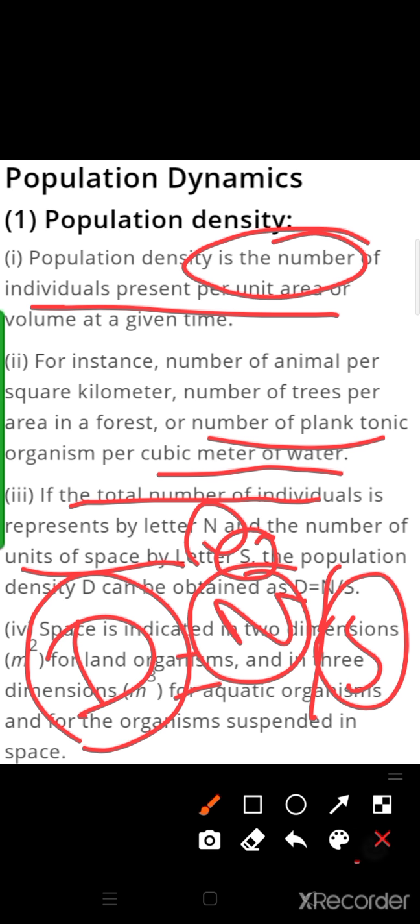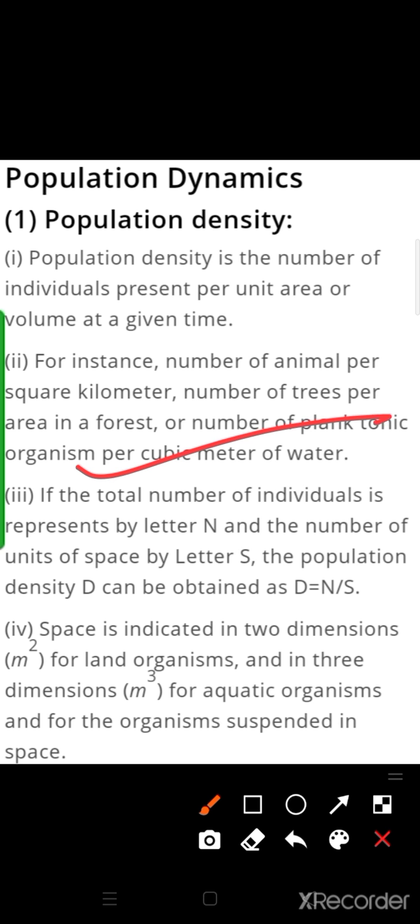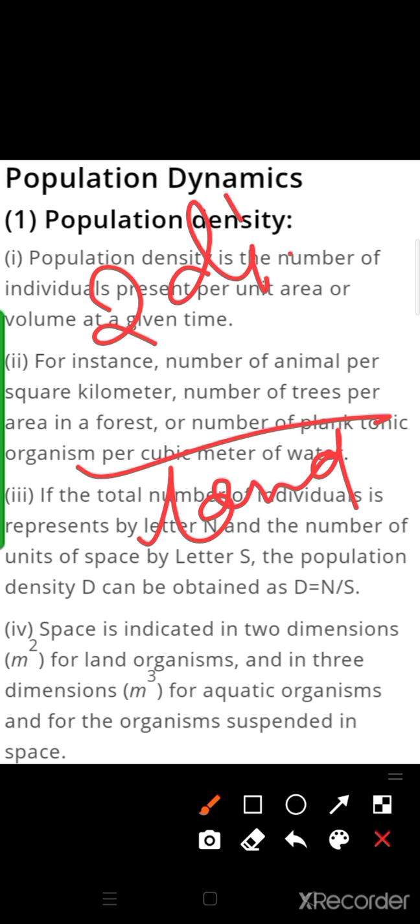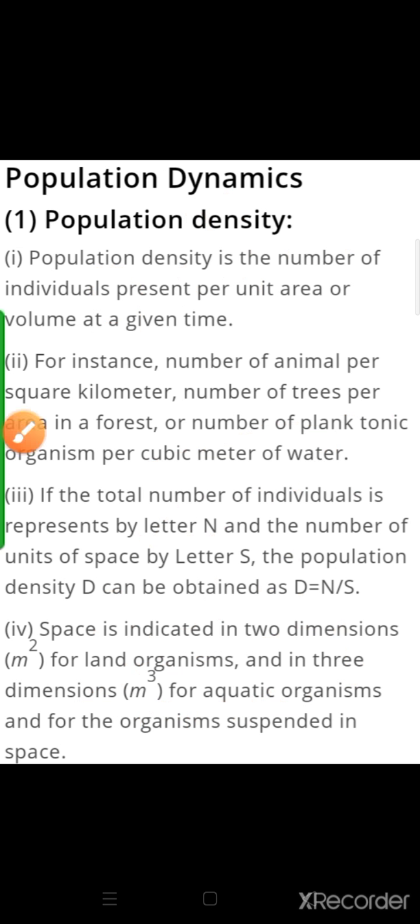Space is indicated in two dimensions for land area, but in aquatic bodies it can be three dimensional. So that is population density. I hope that much is clear.